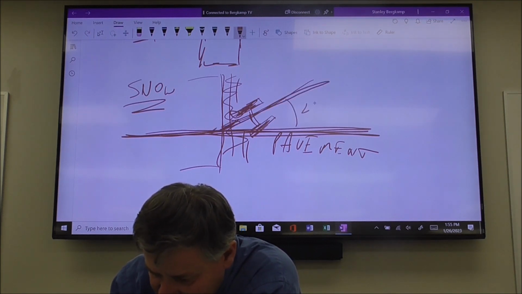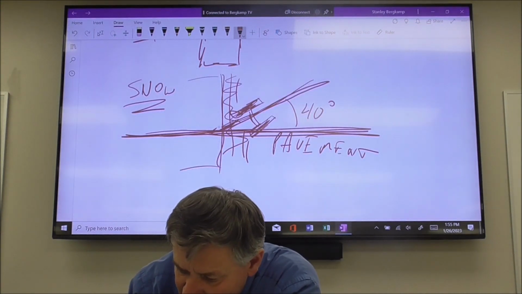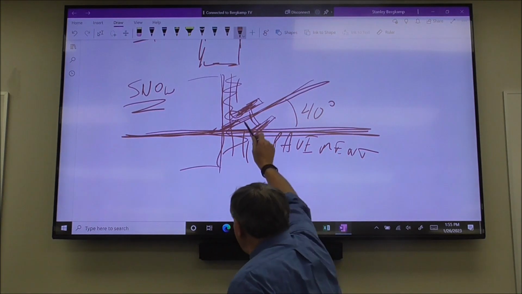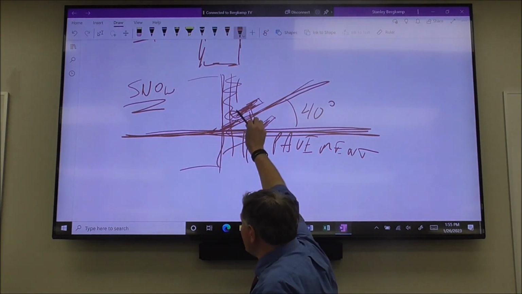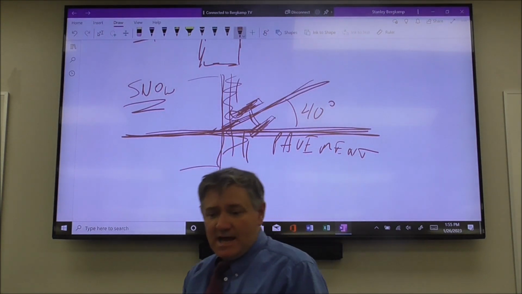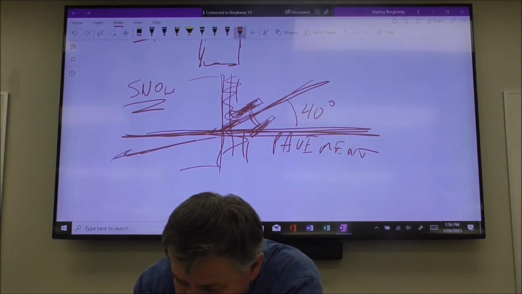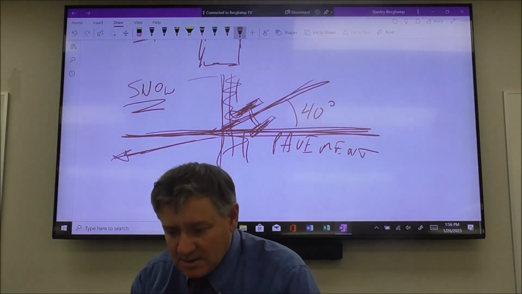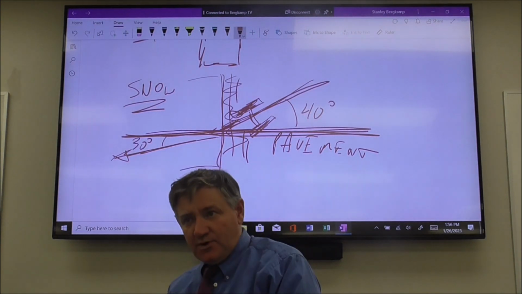Let's say that's 40 degrees. Pick a number. Now, when it hits, this side here is going to slow down, and then it's going to get tilted more towards the normal. So if this is 40 degrees, that might be something like 30 degrees.